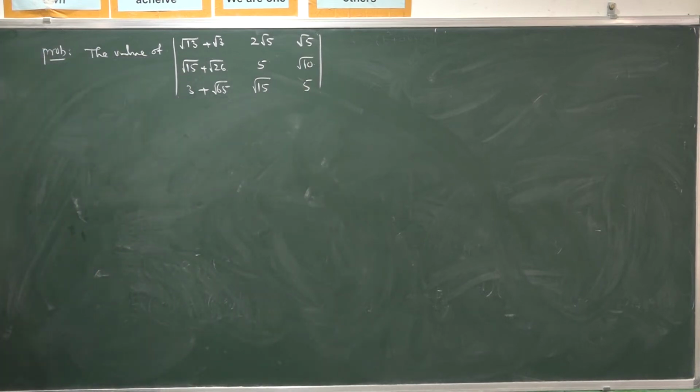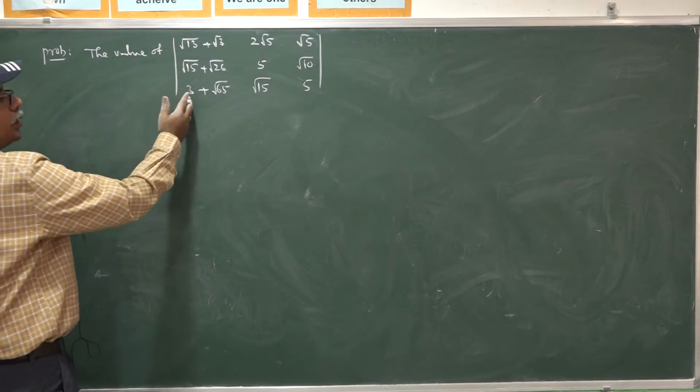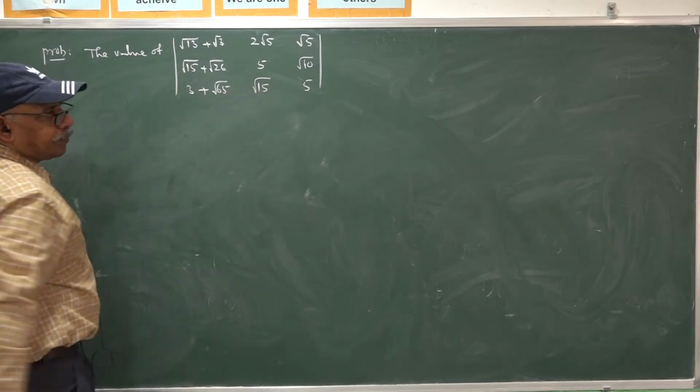Evaluate the determinant: root 13 plus root 3, 2 root 5, root 5, root 15 plus 2 root 6, 5 root 10, 3 plus root 65, root 15, 5.